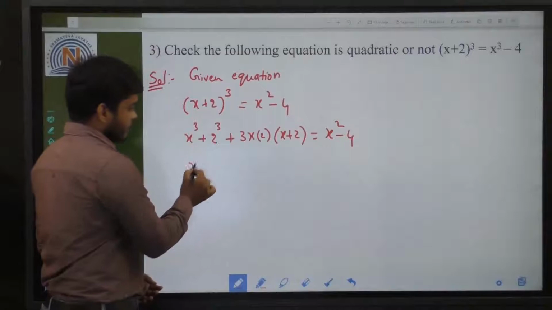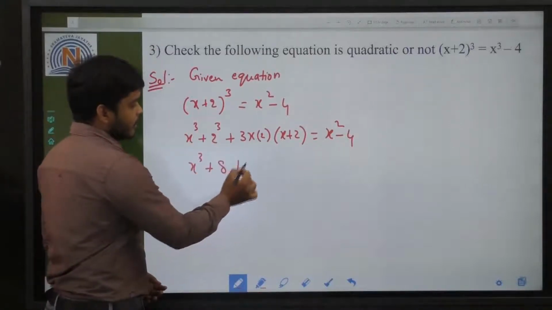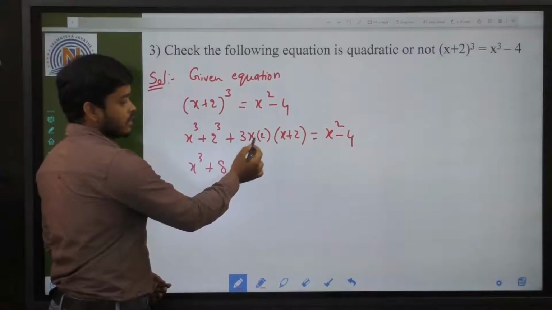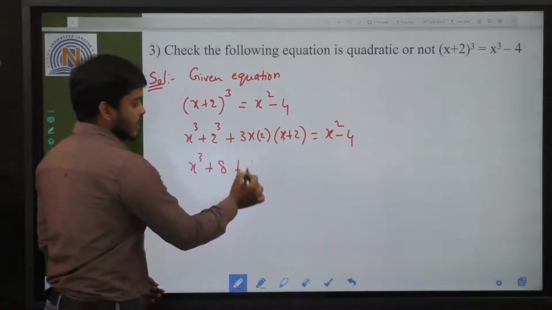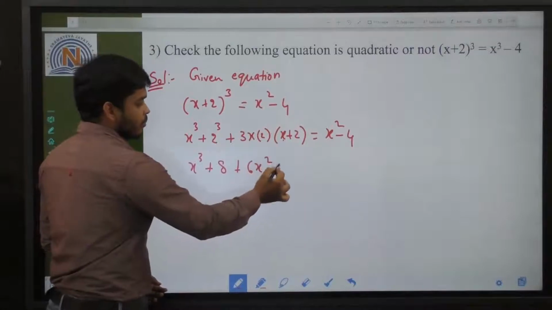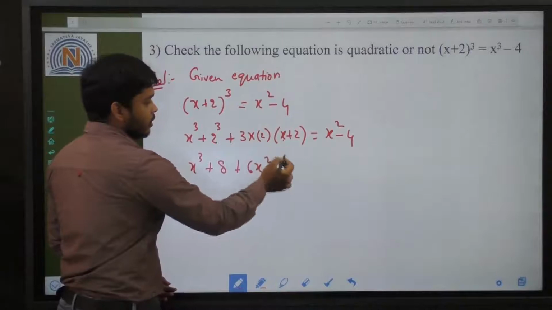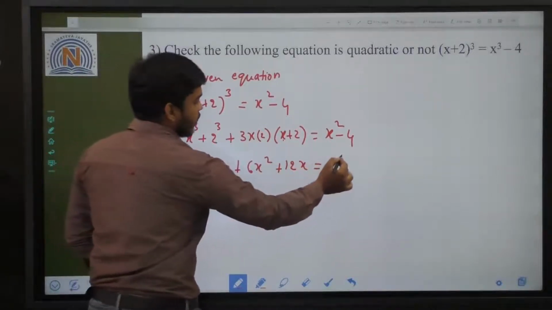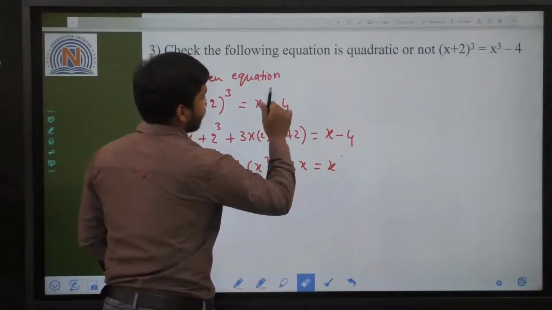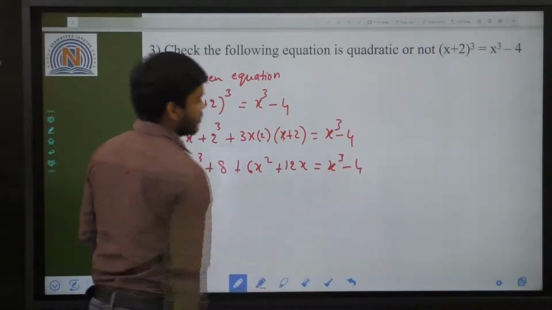Here x cube plus 2 cube is 8, plus 3 twos are 6, 6 into x is 6x, 6x into x is 6x square, plus 6 twos are 12, 12 into x is 12x, which equals x cube minus 4.